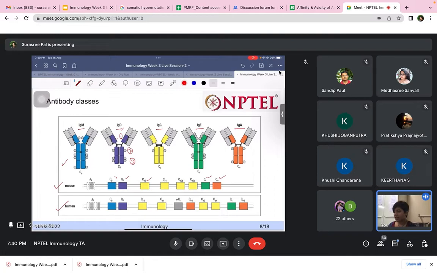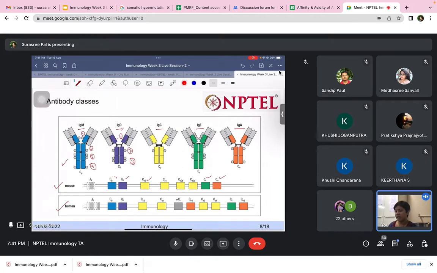Whereas in case of IgM you can find 4 constant regions. And these antibodies also form pentameric, dimeric, tetrameric forms. So in that case also they are different, and they demonstrate different effector functions.